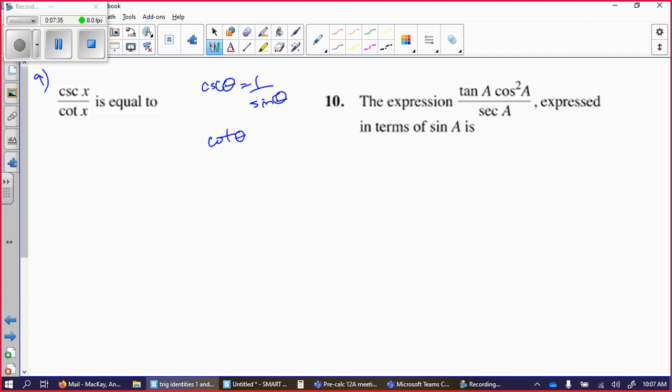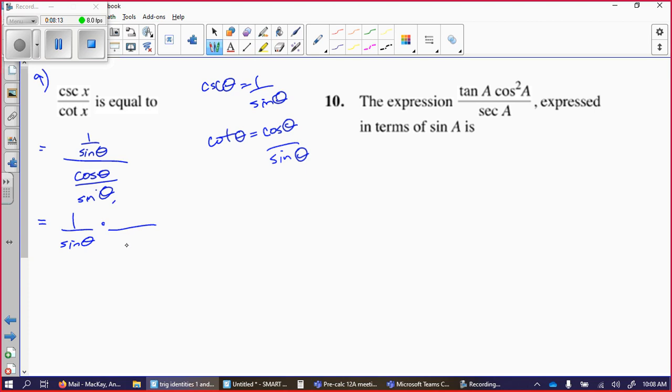Cotangent theta is, so I'm going to write this one in terms of sine and cosine. My numerator is now 1 over sine theta. My denominator is cos theta over sine theta. Well, a fraction over a fraction, we don't want to deal with that, so we take the first one, 1 over sine theta, and multiply by the reciprocal.